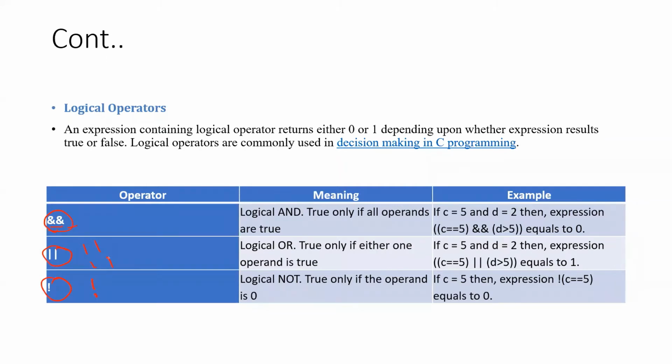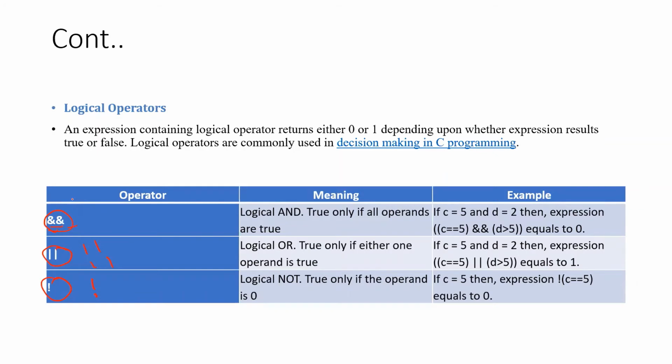These are used to combine relational operators. When an expression has relational operators and you want to compare with a combination, it is not possible to write it in a single statement.